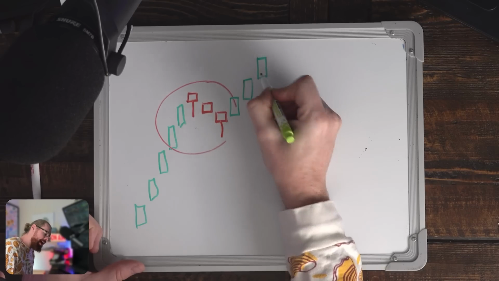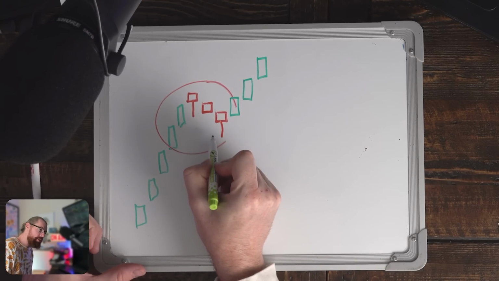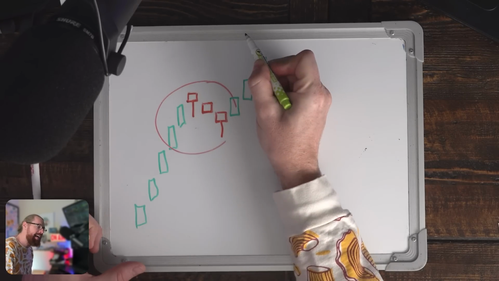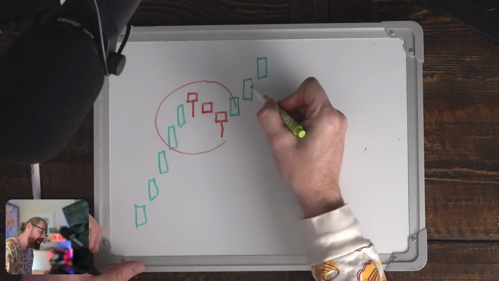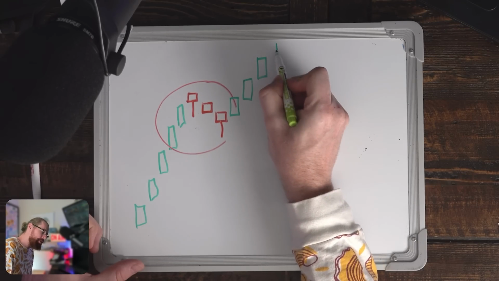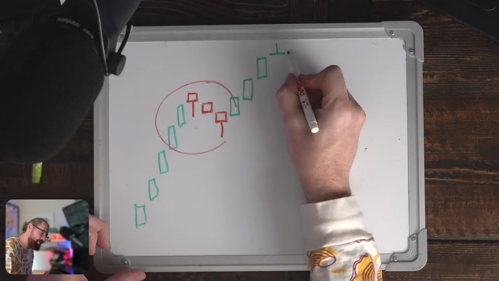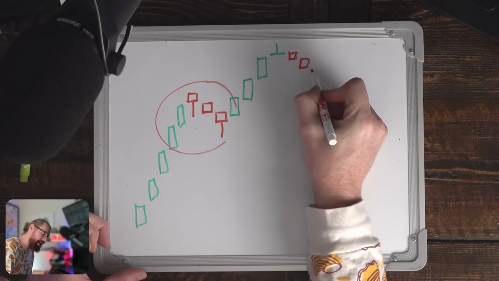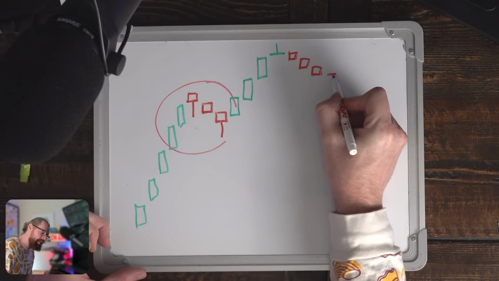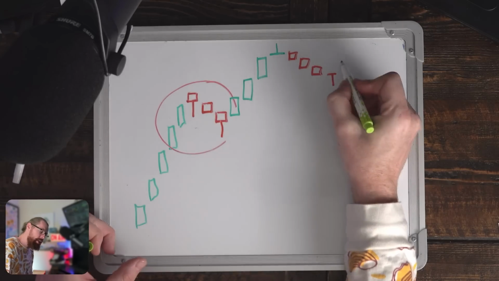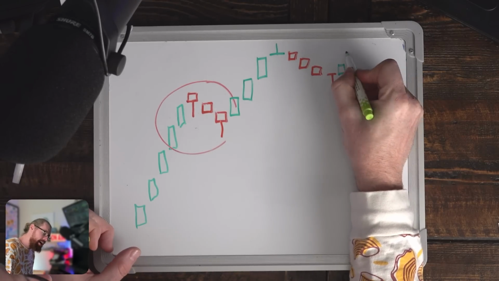This is more of a short-term correction that then gives us the next leg up. Long body candle, long body candle, long body candle. And then up here we see a gravestone doji and we get out. We let it pull back down, and it starts to pull back down again. And then maybe down here we see that dragonfly doji, and then we take the long coming back up.